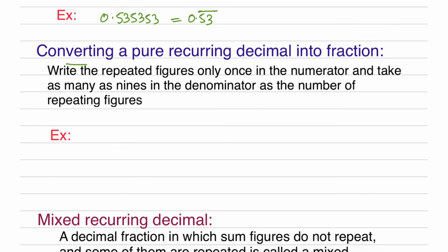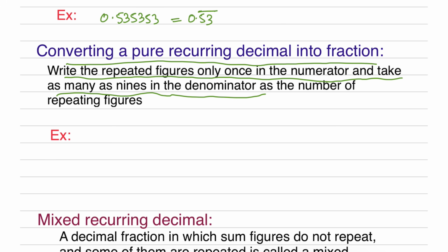Let us see how to convert a pure recurring decimal into fraction. So first what we have to do, write the repeated figures only once in the numerator and take as many 9s in the denominator as the number of repeating figures. Let us take this example only, 0.53 above that bar. Now you should convert this into fraction.